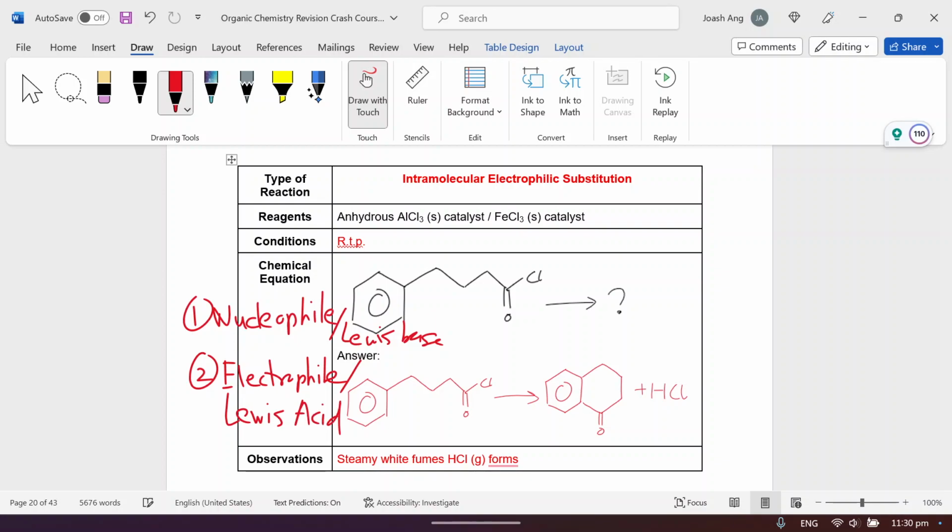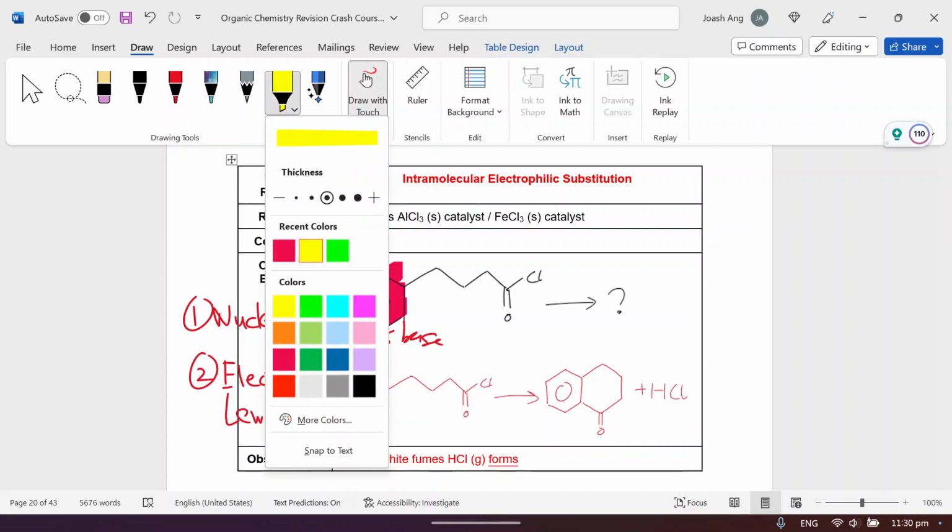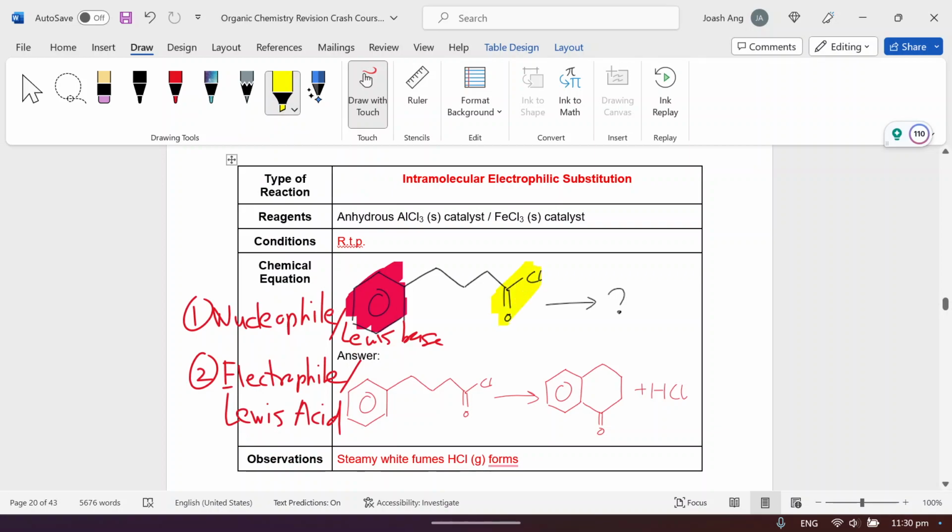Okay, so in this case, our benzene ring is going to be the bad boy here, so it's going to be the nucleophile, and the electrophile, or in the sense the victim, is going to be this group over here.